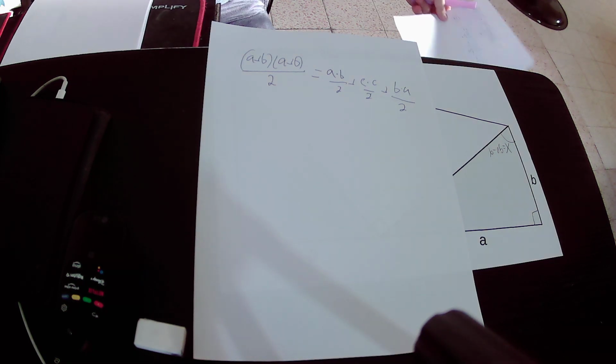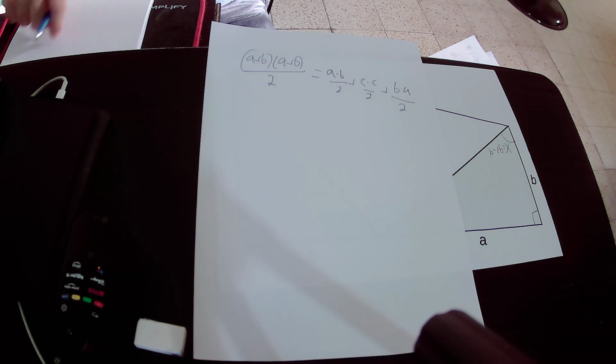So here the equation says expression 1 equals expression 2. The area of the trapeze in the first calculation equals the area of the trapeze in the second calculation.